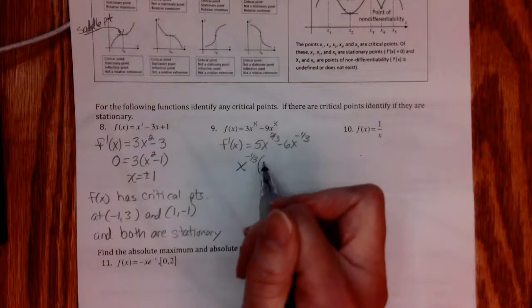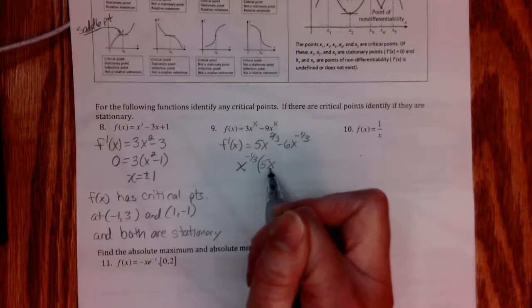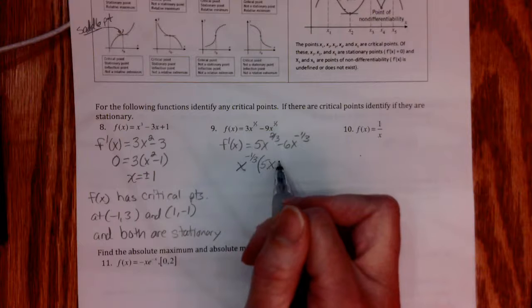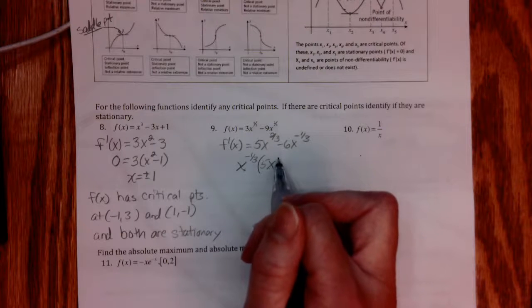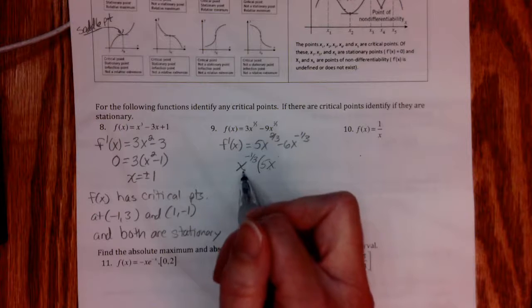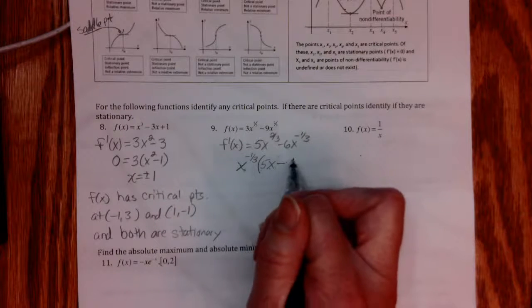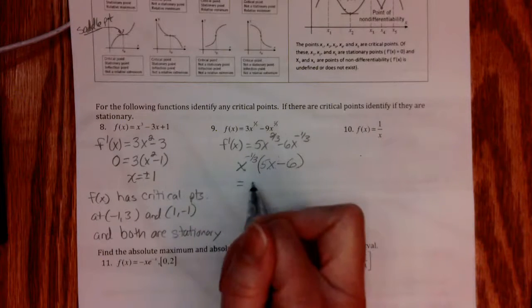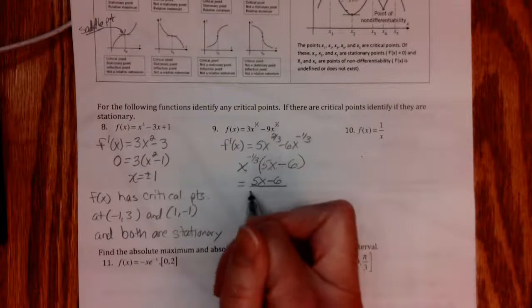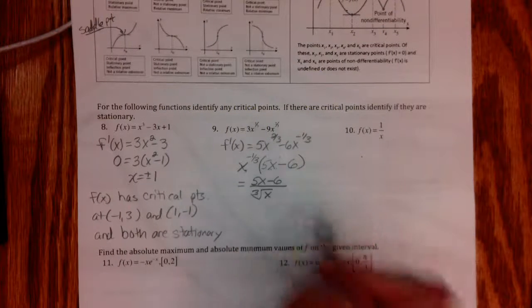And the reason I'm saying that is because 5x to what power here makes a positive 2/3? This would have to be 3/3, which is the number 1. So I'm getting a linear factor by taking out that negative exponent, minus 6. This is really equal to 5x minus 6 over the cube root of x.